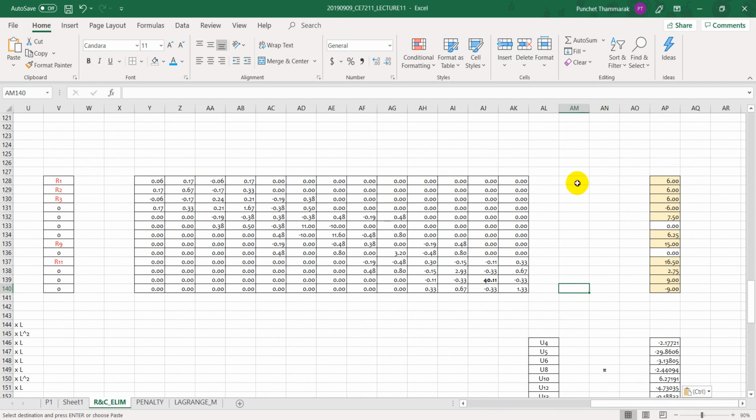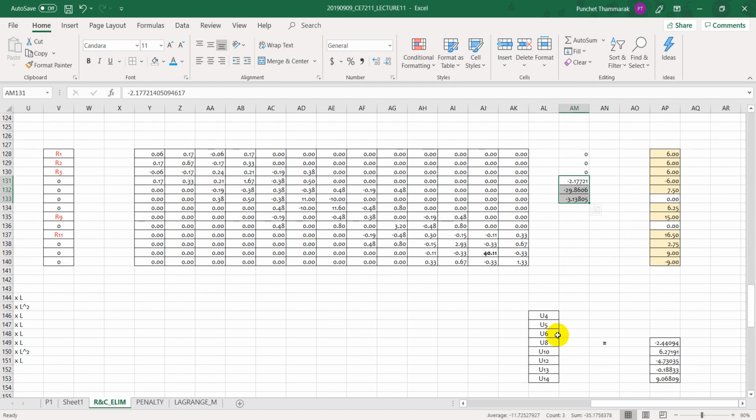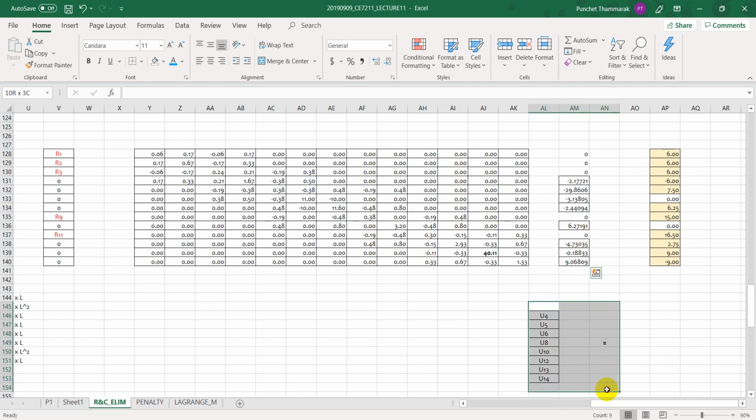So U1 is 0, U2 is 0, U3 is 0, U4, you bring it up, U5, U6, U7, we don't have it, U8, U9 is 0, U10, U11 is 0, U12, 13, 14, you bring all of them up there. Right, delete, not used anymore.